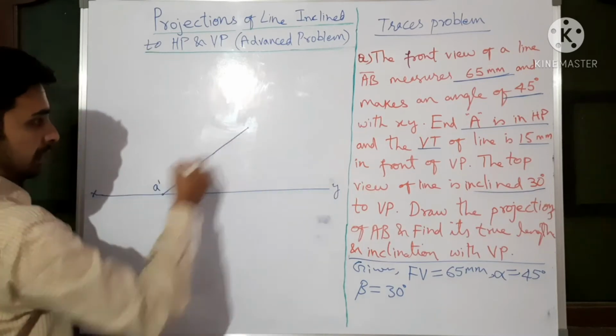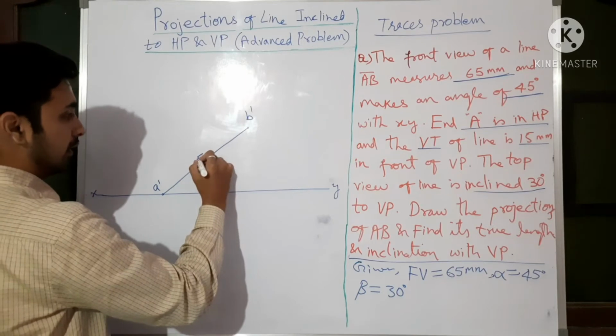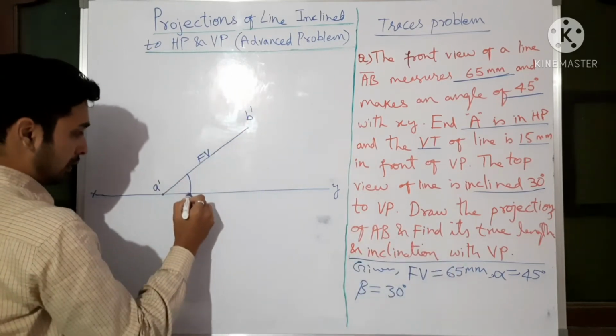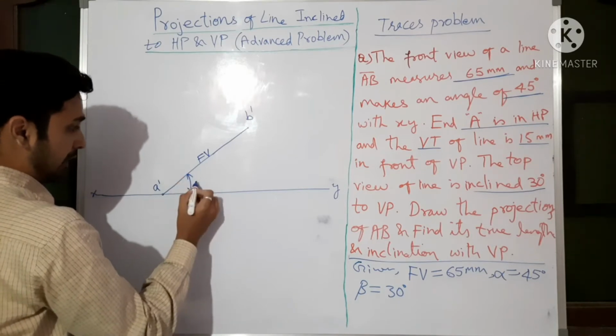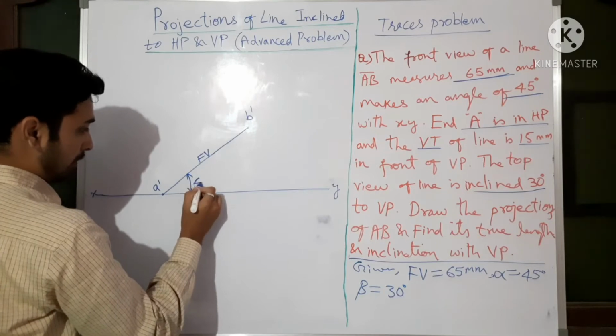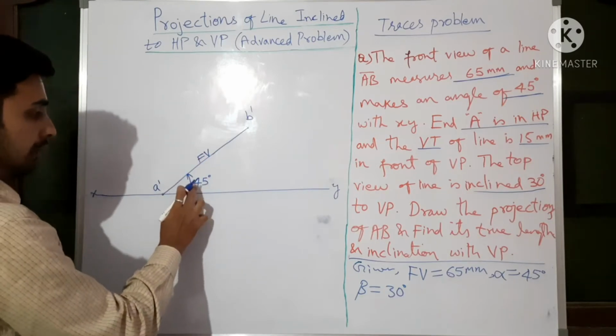Assume this is A dash, this is your B dash, a 65 mm long line at alpha, 45 degree.